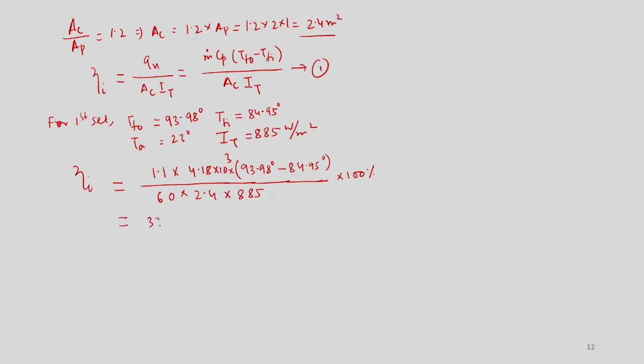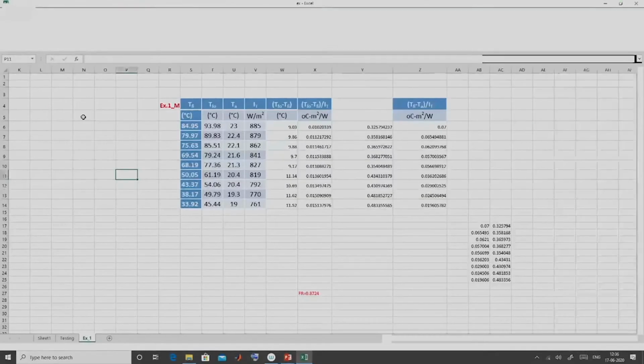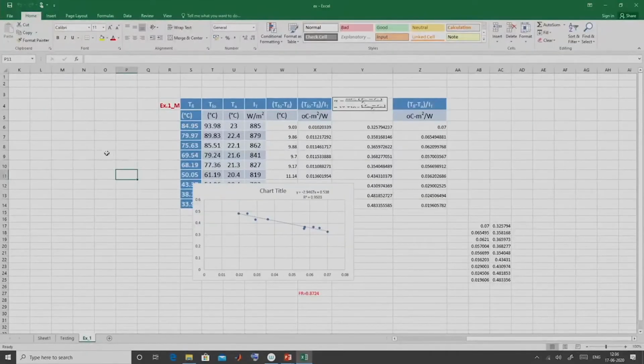So, it will be 32.58 percentage. Okay. So, now I will show how for all the values eta I can be calculated by using a spreadsheet. Okay. So, let us click here and let us learn how this can be generated.